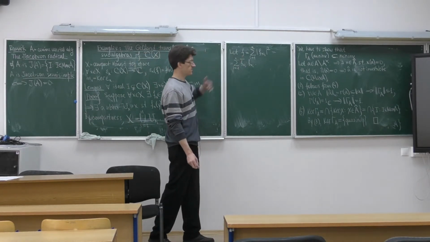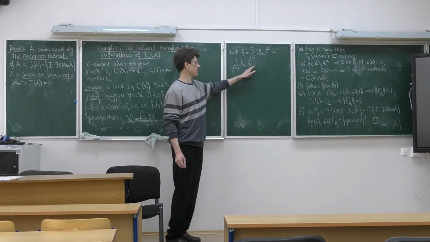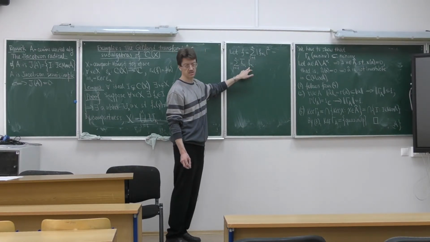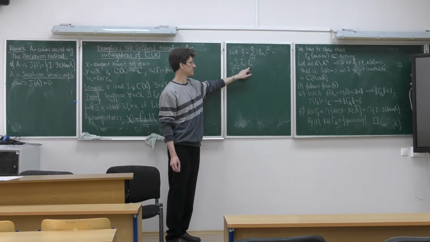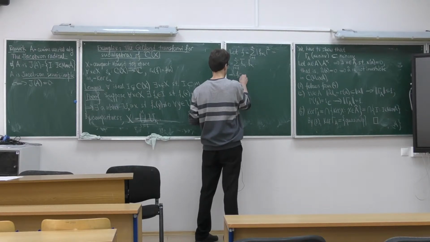So what can I say about this function? On the one hand, it belongs to I, because f_{x_i} sits in I, and I is an ideal. So because of this equality, we see that f is an element of our ideal.